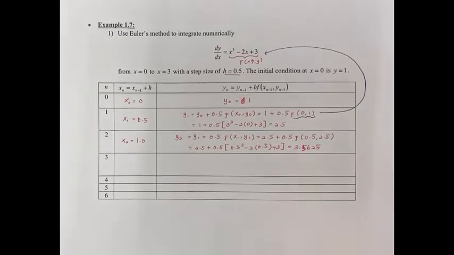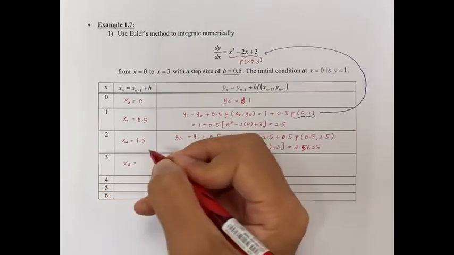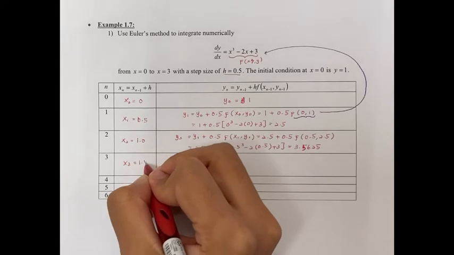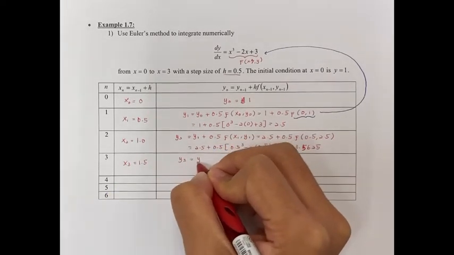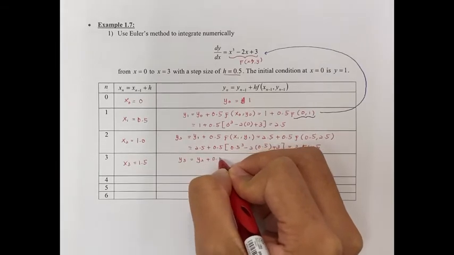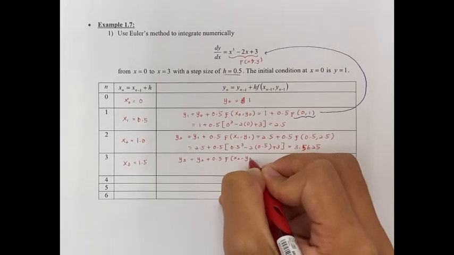Let's try with x3. For x3, your x is 1.5 now, and your y3 is equal to y2 plus 0.5 f of x2, y2.